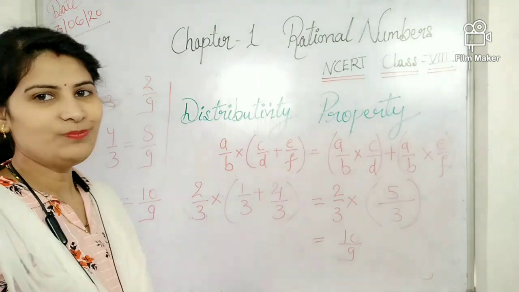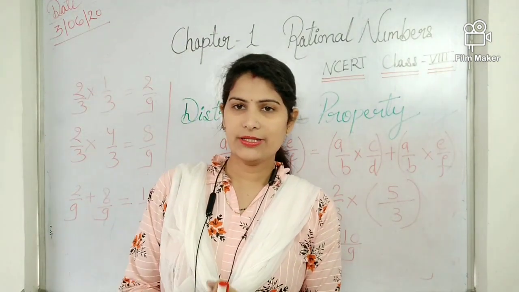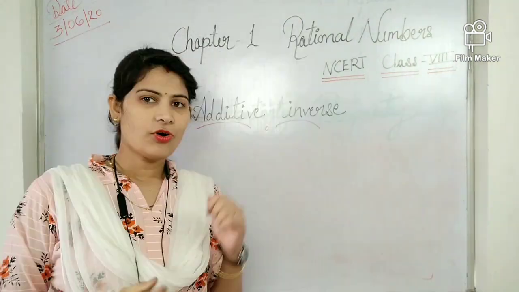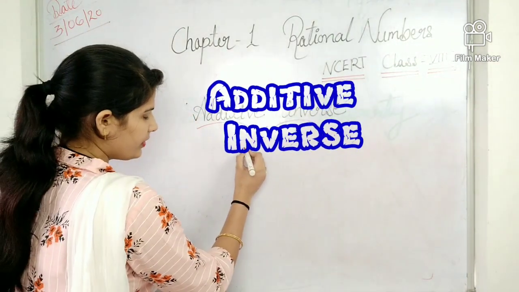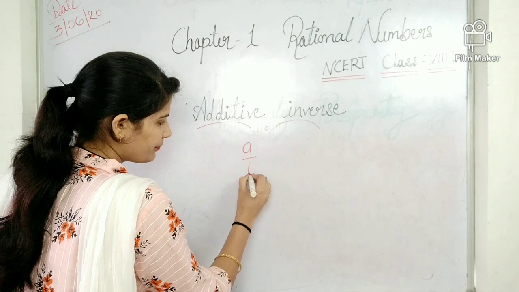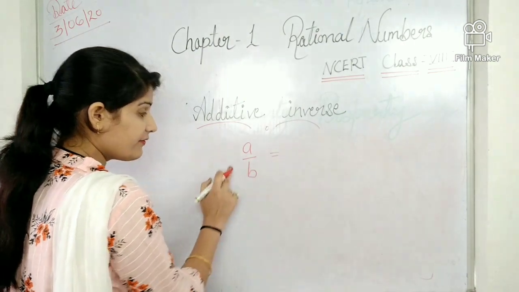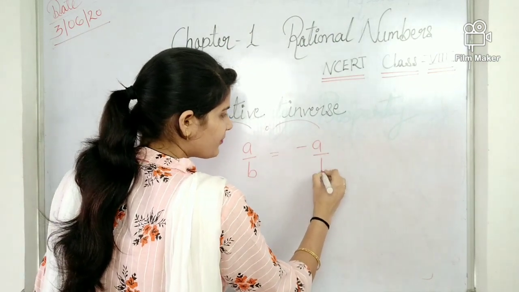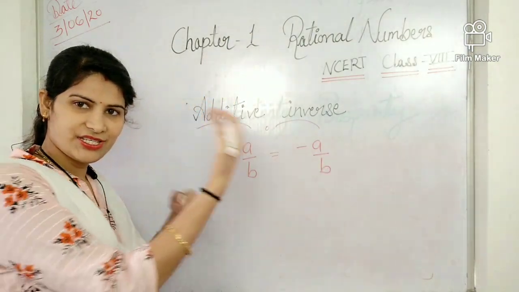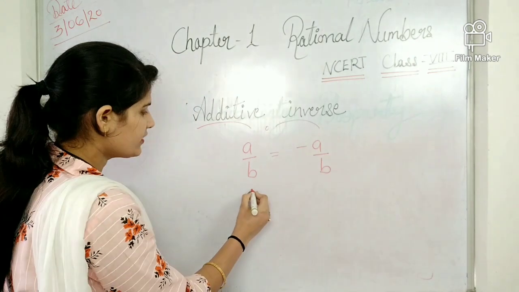Okay. So I hope you all understand the property. What is the additive inverse? Let us take one example. What is the additive inverse of A upon B? It is simply minus A upon B. That means just the opposite. Now take one example.